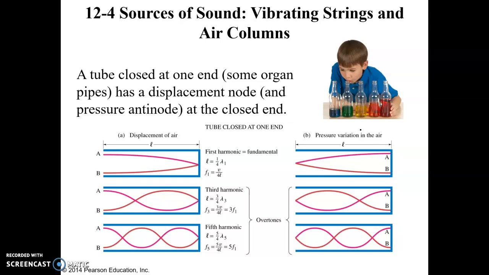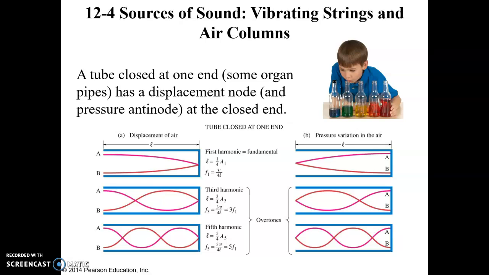Now, if you've got yourself a jug band and you're blowing across the top of a bottle, you can make a sound. You can make a tone with that, and by filling the bottles with varying levels of fluid, we can effectively shorten the length of that closed tube and get higher notes.